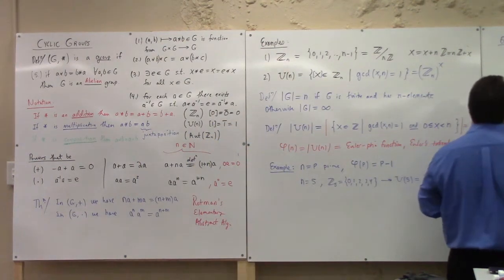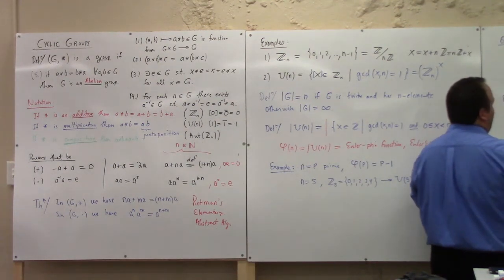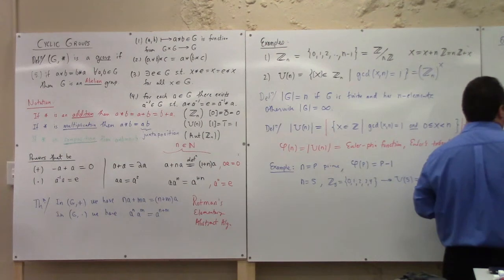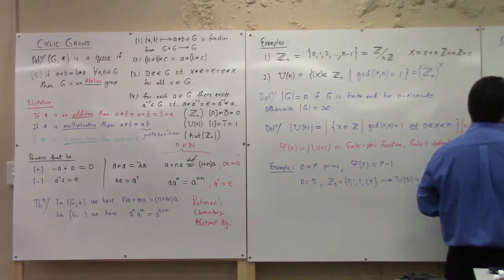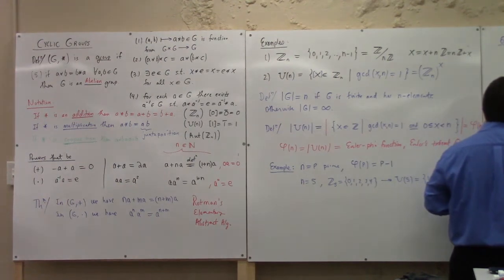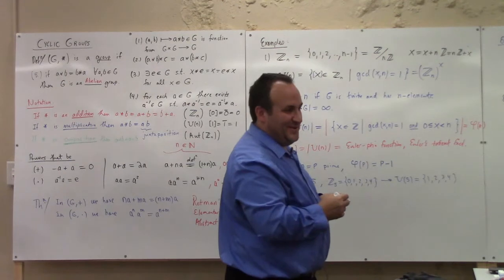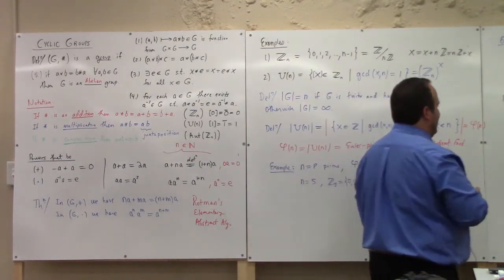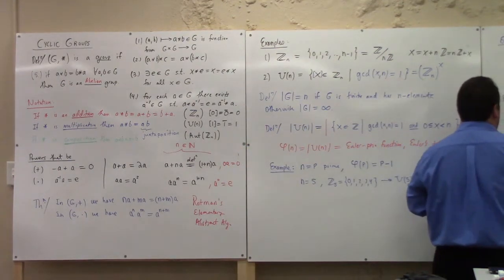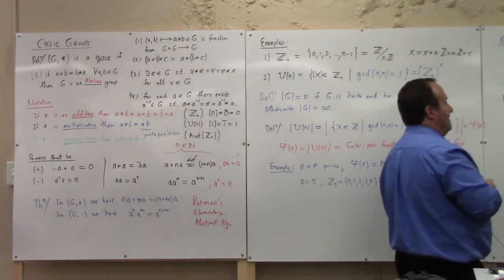So U25, what have you got in U25? I'll write out Z25, check it out. 0 up to 24. Sorry, being a little bit lazy. What's co-prime in there? What does U25 look like? What is in there for sure?